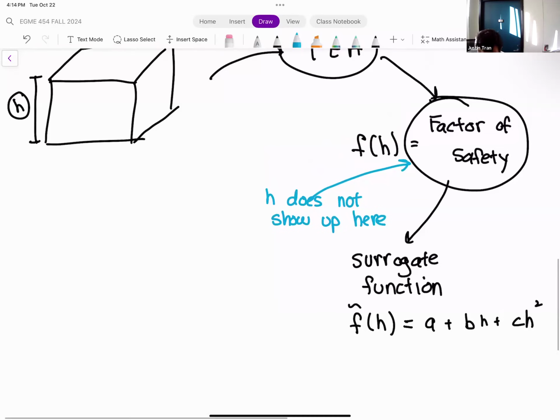We're going to spend most of today talking about how you determine this a, b, and c. That's still kind of a mystery, but let's say that we're able to obtain those coefficients. Since our surrogate function here is a simple quadratic and it explicitly depends on our design variable h, we can take its derivative.